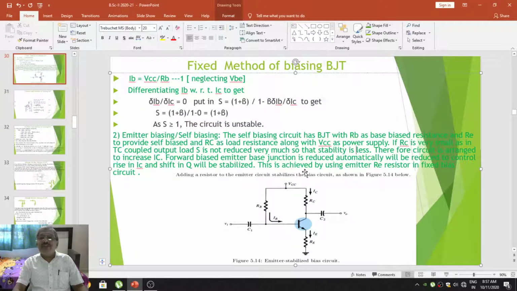And this will be achieved by connecting emitter resistance RE in a fixed bias circuit. Means we are using the same fixed bias circuit by connecting emitter resistance RE, so that provides the self biasing.